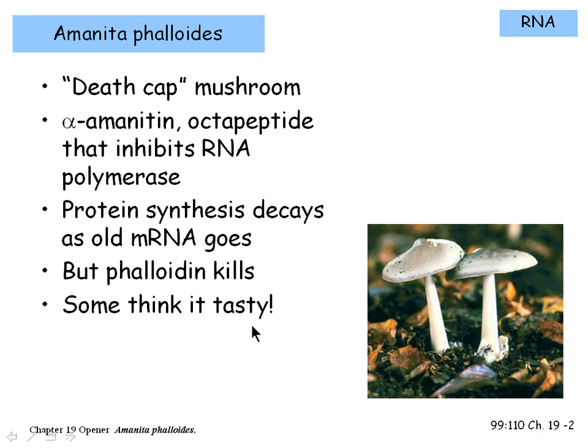And since if you don't make any more RNA, the RNA you have will go away, protein synthesis will fall off, and over a period of time, you'll stop having new protein. It's an interesting sidelight that what Amanita kills you with is not alpha-amanitin, but phalloidin. Phalloidin is a cytoskeletal poison. It polymerizes your actin, and in the process kills your liver.